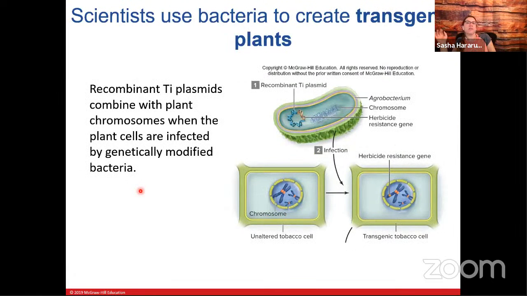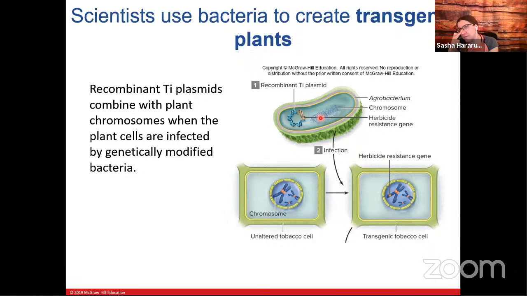So scientists use bacteria to create transgenic plants. The bacteria that is used is called agrobacterium. A natural, not genetically manipulated agrobacterium, when it infects plants, injects its own DNA into the nucleus of the cells within a plant.